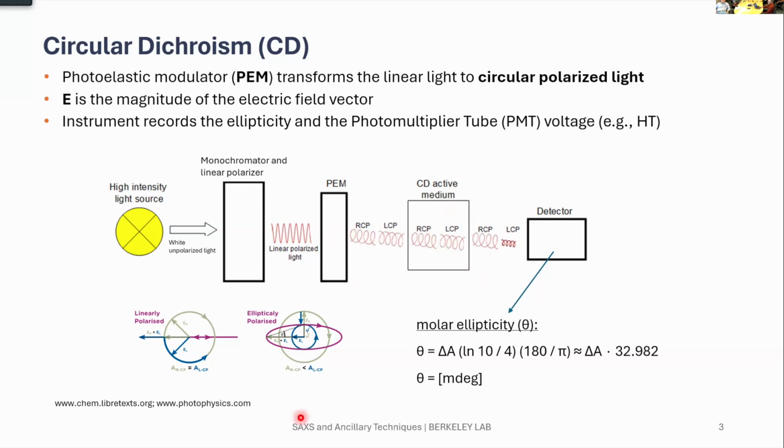And if we add them up, eventually we get elliptically polarized light. So from this comes the characteristic value we are obtaining from CD spectra, which is called molar ellipticity.